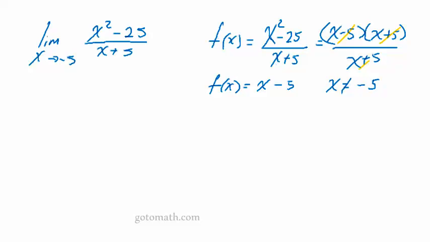Okay, let's do something else here. We're going to say this is -5 right here on the x-axis, and of course we're approaching -5. And we've got a missing point in the graph, and then it looks like that.